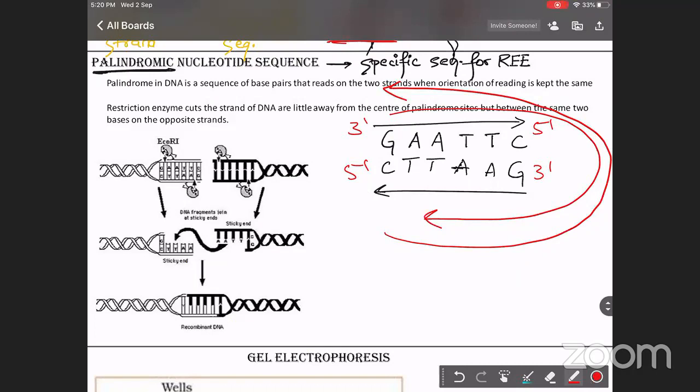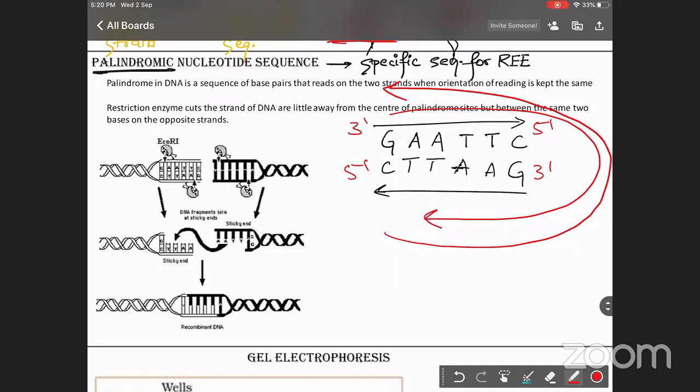These types of sequences are called palindromic sequences. Again, this is one example, GATTC, and when you form its complementary strand, the sequence will again come as GATTC.